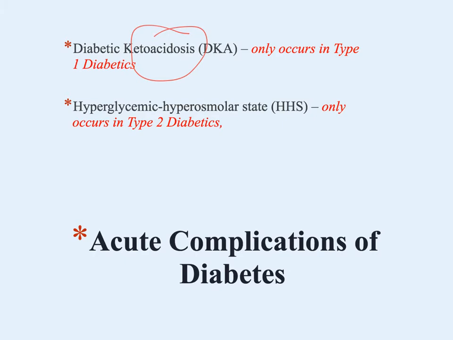So what happens is this patient cannot take any glucose into their cells because they don't have the insulin to do it. So their body will begin to break down fats and proteins in order to establish some form of energy. And we know that we need more energy when we're sick too. So the breakdown of these proteins and fats are ketones. The ketones are acidotic, and we remember all of our homeostasis conversations.